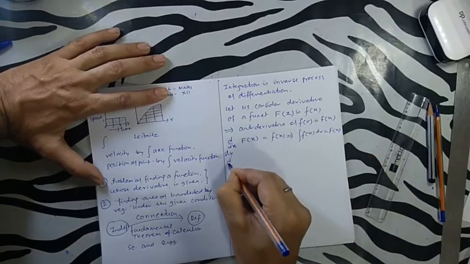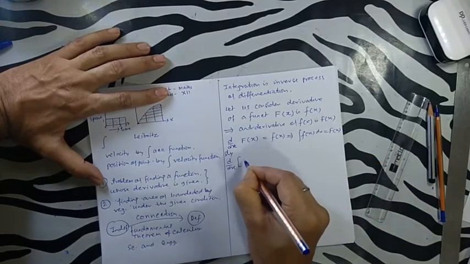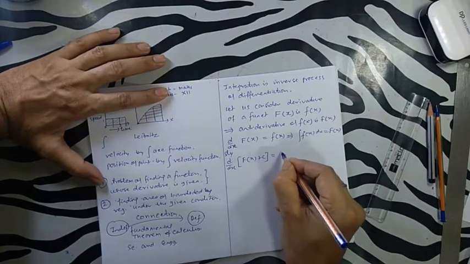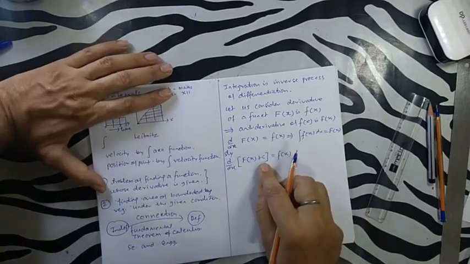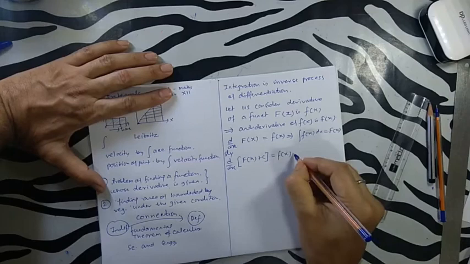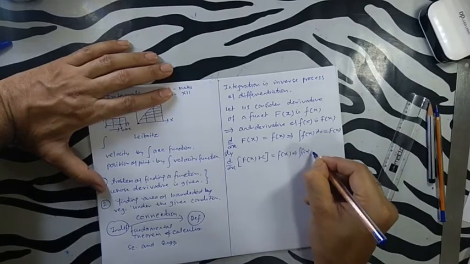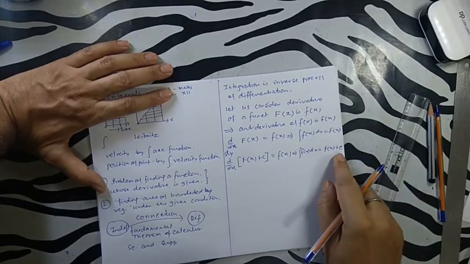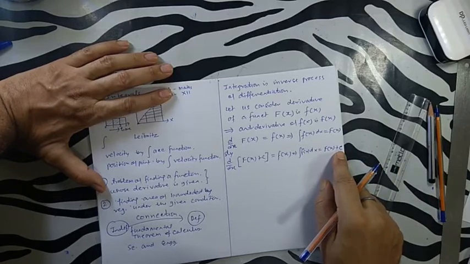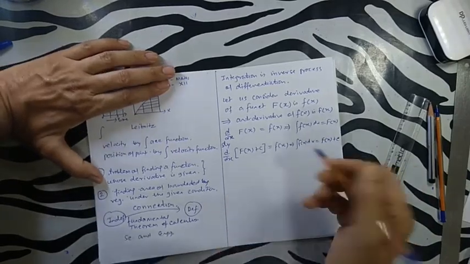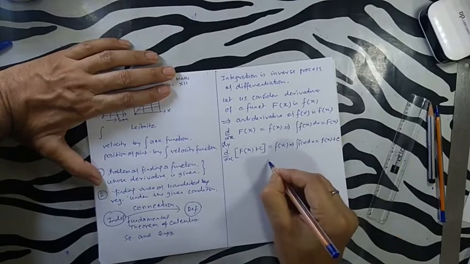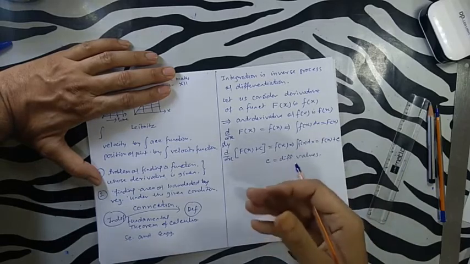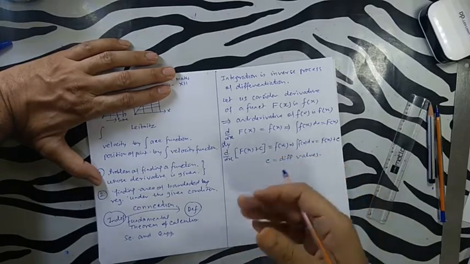Similarly, d by dx of capital F(x) plus c, where c is any constant, gives the same result because the differentiation of a constant is 0. So this implies that the integration of f(x) dx is equal to capital F(x) plus c. Here c is the constant of integration. If we take different values of c, we will get a number of different functions.